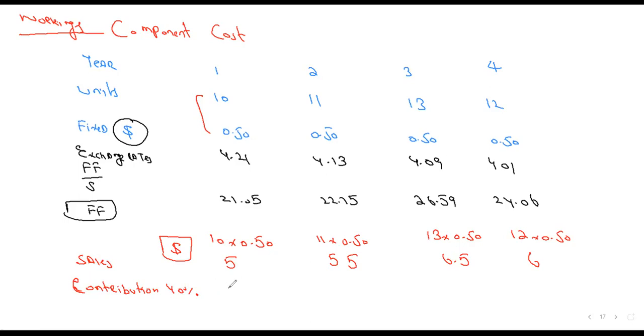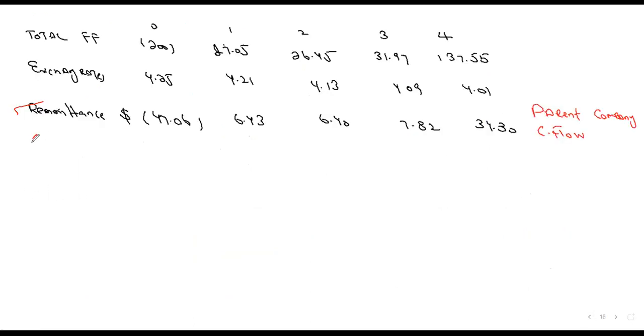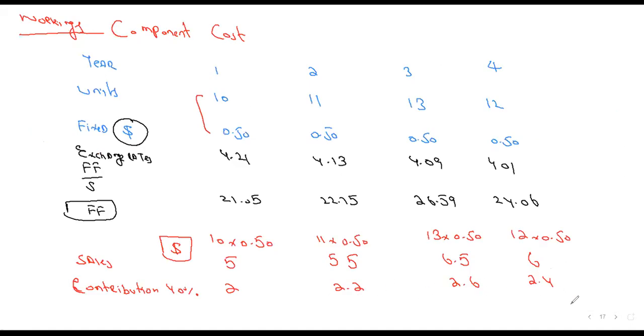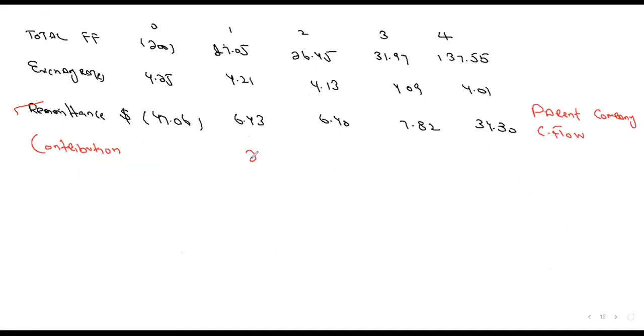This is 2, 2.2, 2.6, and 2.4. Take this contribution: 2, 2.2, 2.6, 2.4.